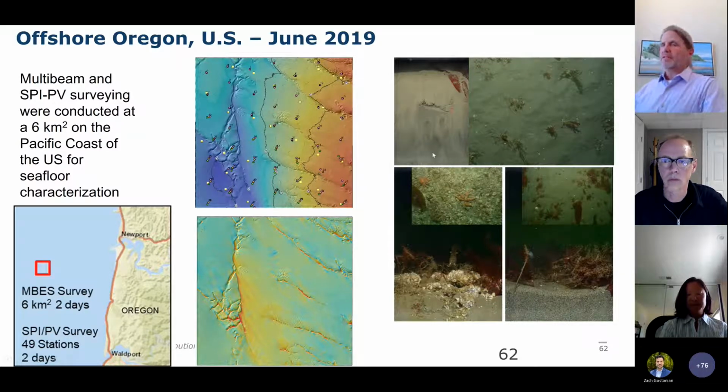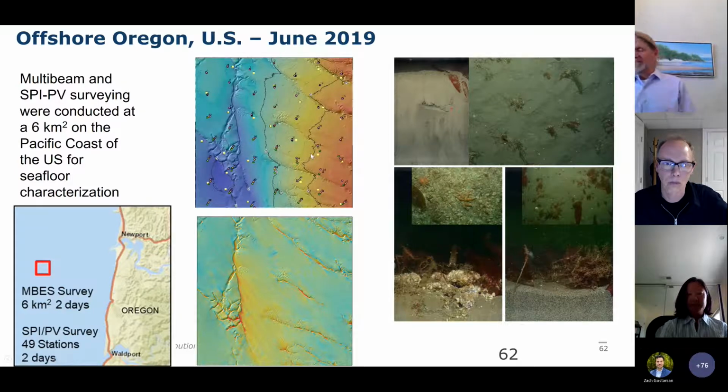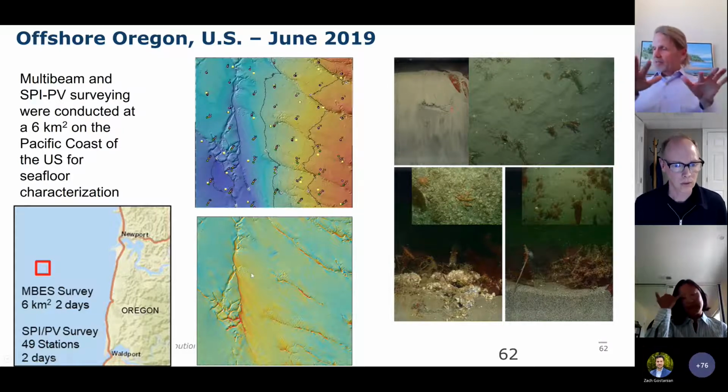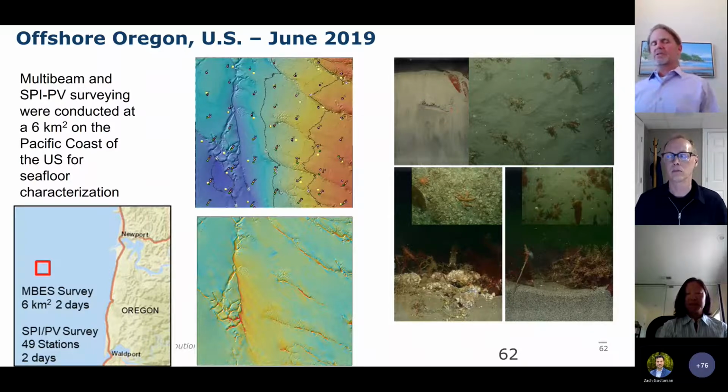One of the things is there's a lot of variability in the benthos out there. It's mostly sand, but you can see sand silt mix with vegetation, shell hash, and other things going on out at the site. One of the things we also get is backscatter. As the acoustic energy reflects off the bottom, it has a backscatter intensity to it.